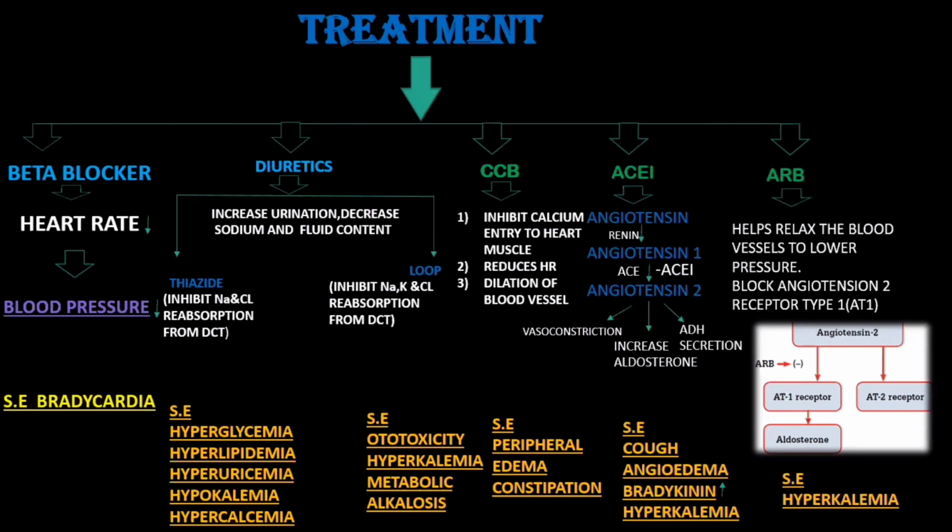Calcium channel blockers can induce peripheral edema and uncomfortable or infrequent bowel movements. ACE inhibitors are mostly known to induce coughing, but they can also lead to angioedema and hyperkalemia. And angiotensin receptor blockers can cause hyperkalemia as a side effect as well.